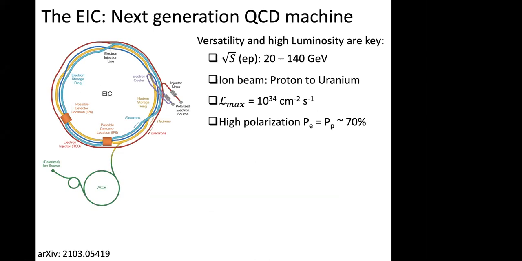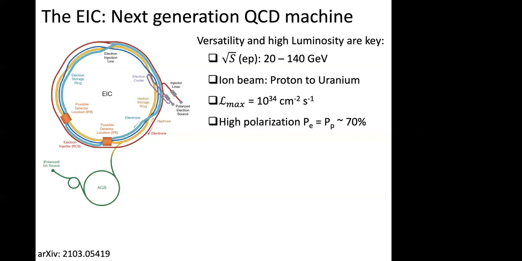For the ion beam, it has a wide coverage from light to medium to heavy nuclei. It can also provide high polarization for both the electron and the proton or ion beam. With all these great features, it will be able to provide a unique opportunity for both polarized and unpolarized measurements.